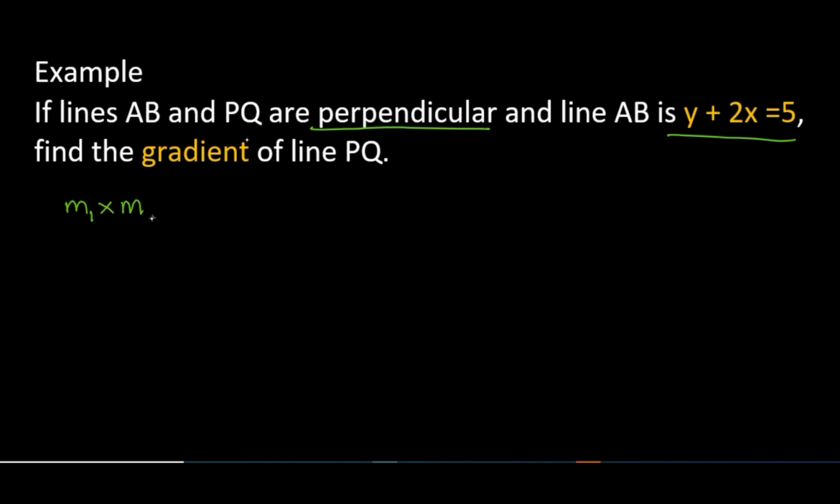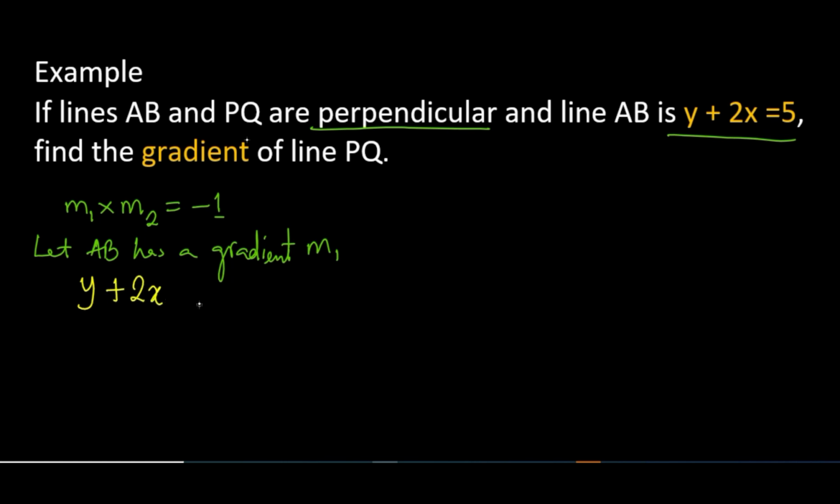But in this case, the relationship between the two gradients, AB and PQ, is that the multiplication is equal to -1. So let AB have gradient M1. From there, we'll be able to get the gradient of AB.